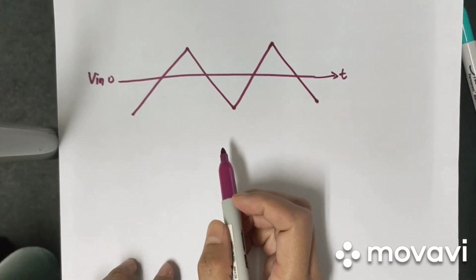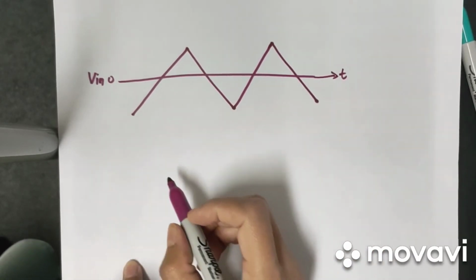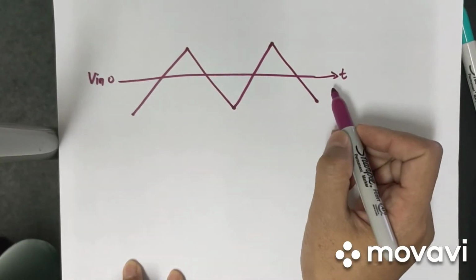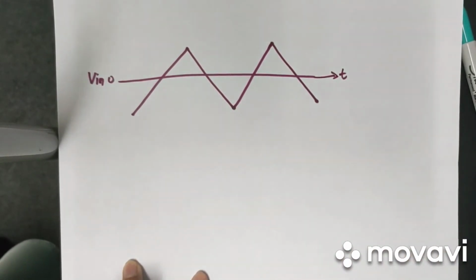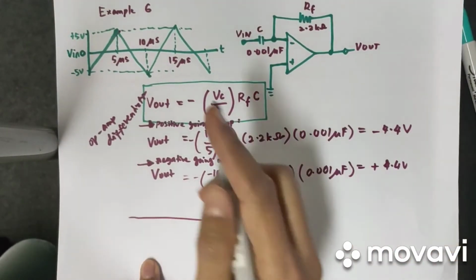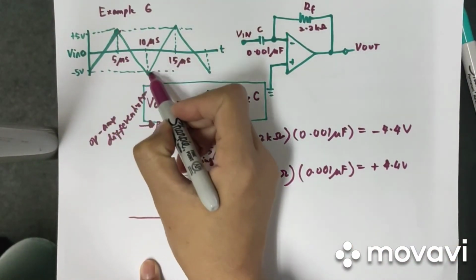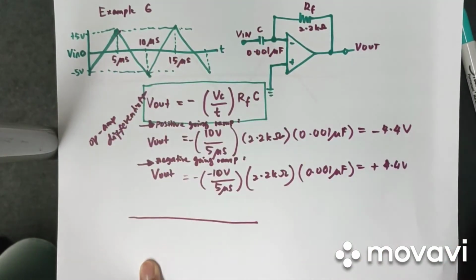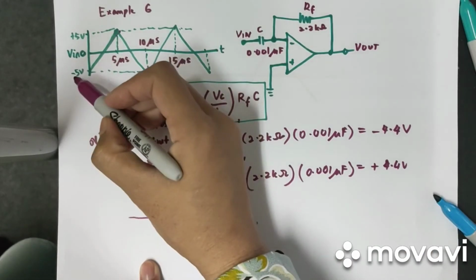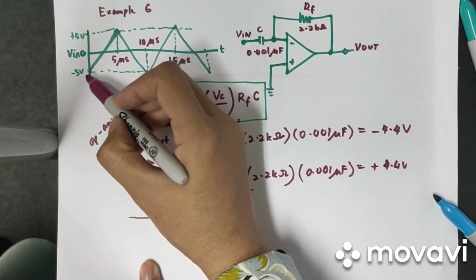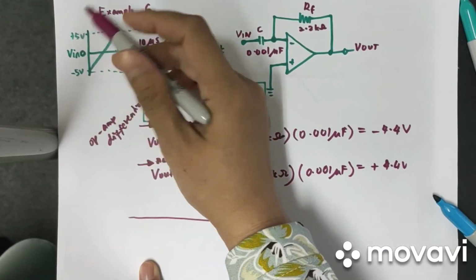This is just some sketch, right? So this is the input waveform just now. It's a triangular, the minimum is -5 and the maximum peak is +5.